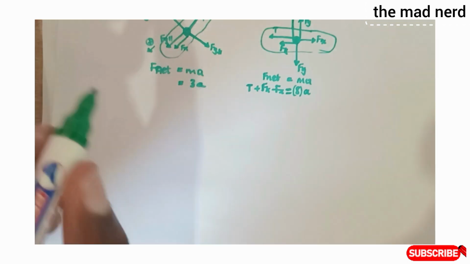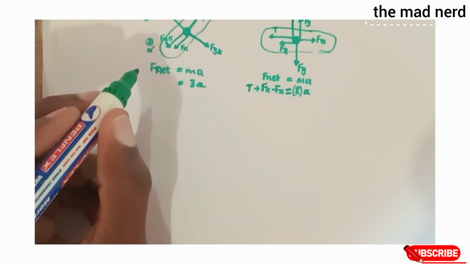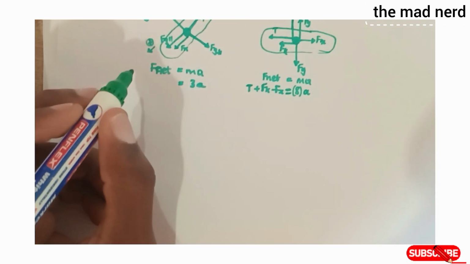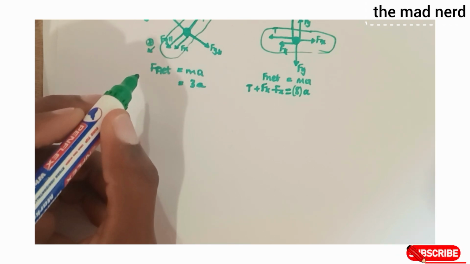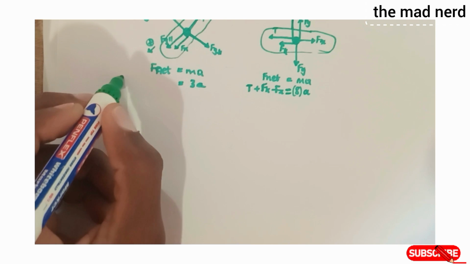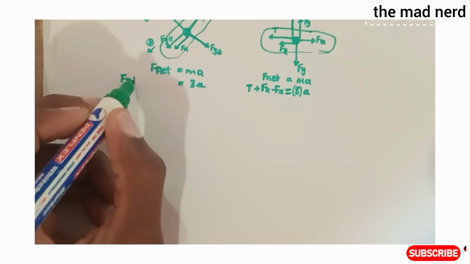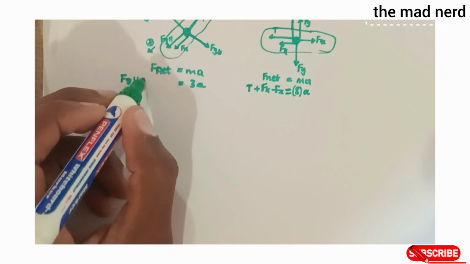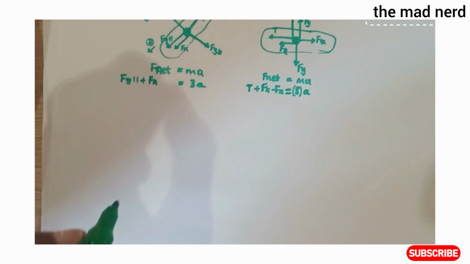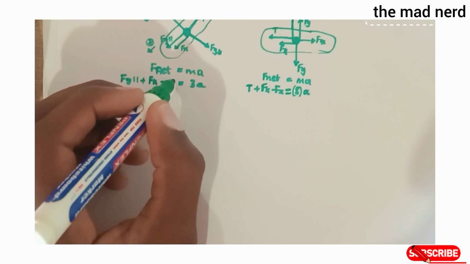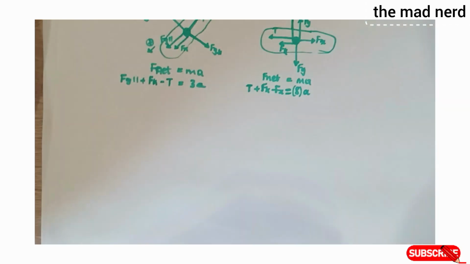Now in order for us to get the F net for this one, let's look at the direction of our chosen positive side. So Fg parallel should be positive, with a positive Fk because they are going in the positive direction, and then our tension there should be negative. And that's it for the 3 kg block.